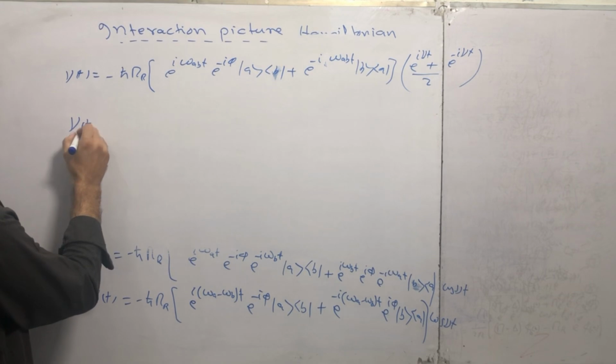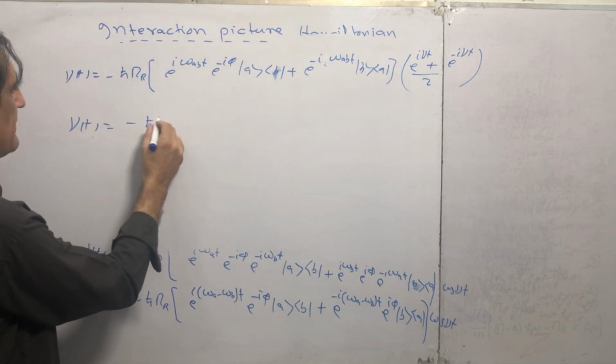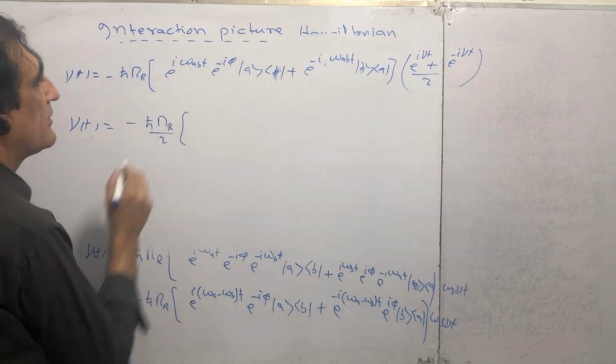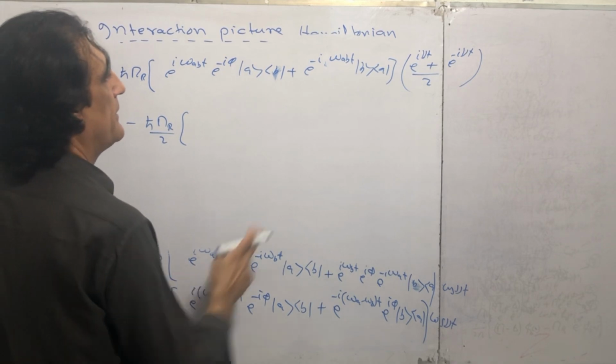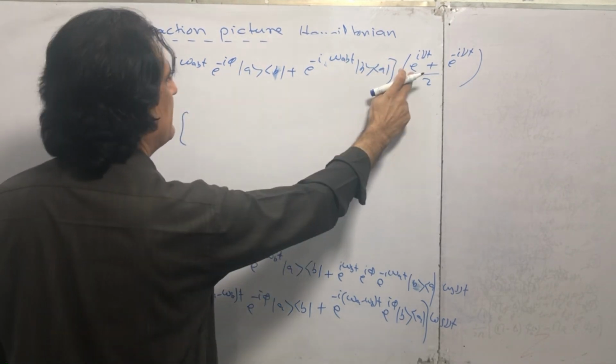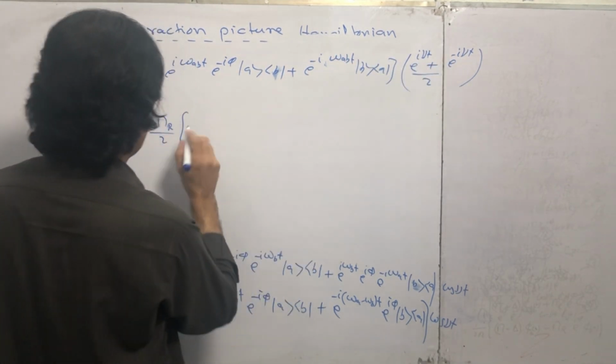Further, this is a simple calculation now. We must multiply this with this, this with this.